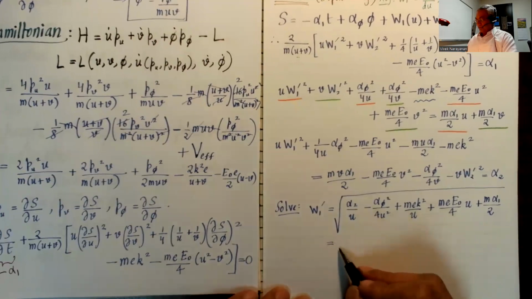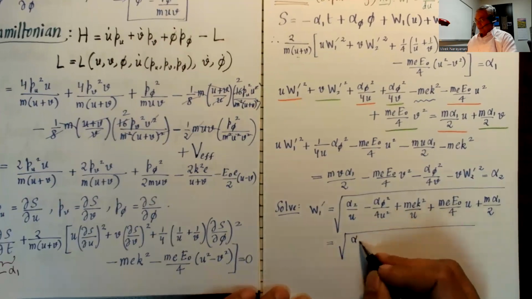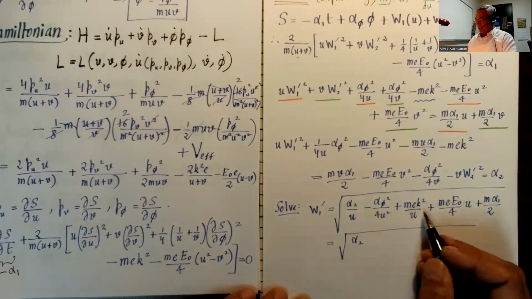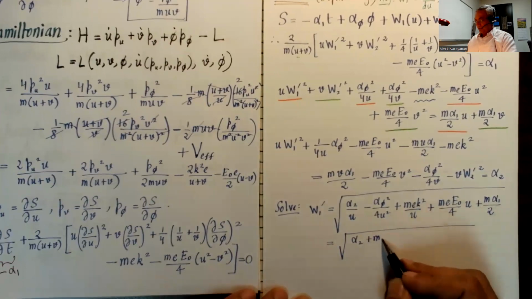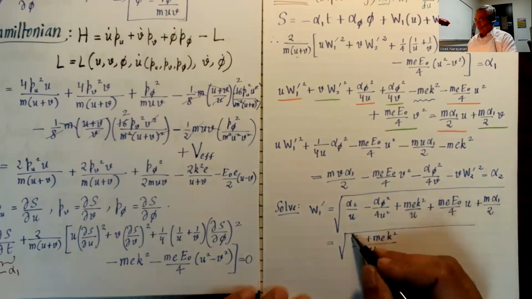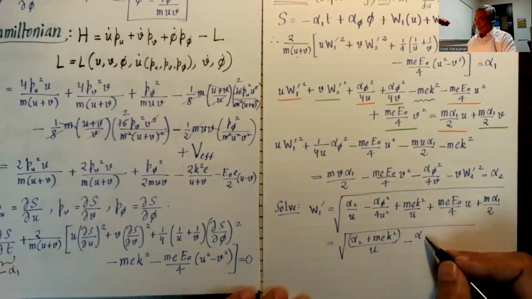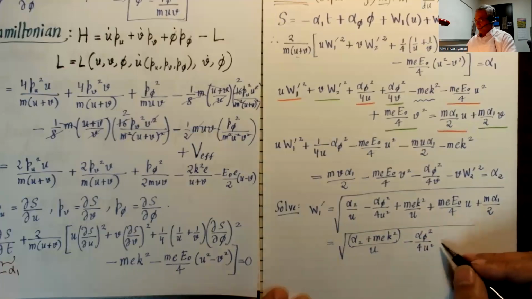I'm going to write this, simplify it a little bit. So I can combine alpha 2 and MEK squared because they both have a single u in the denominator, and the rest of the terms are fairly unique. So I'll write them as they are.